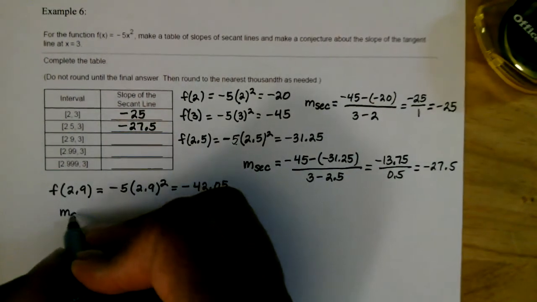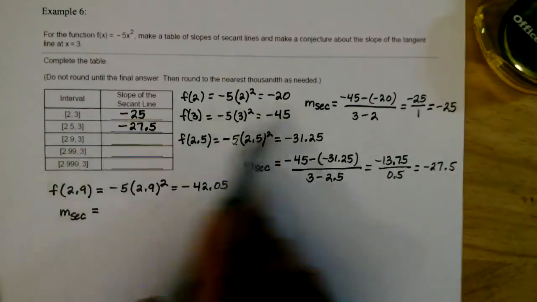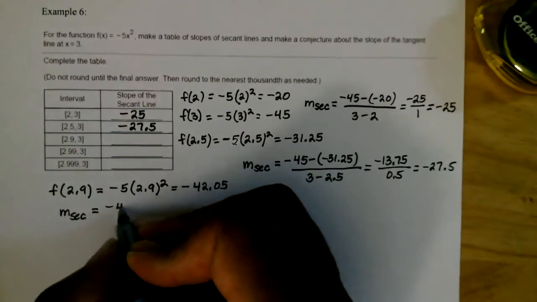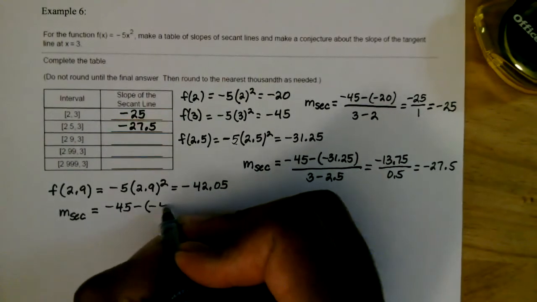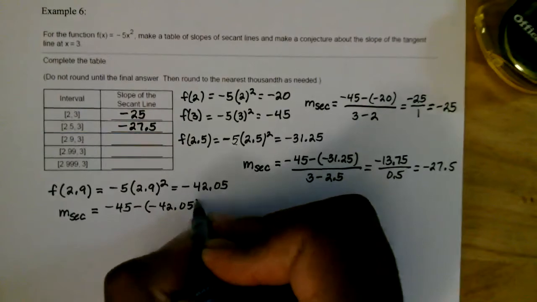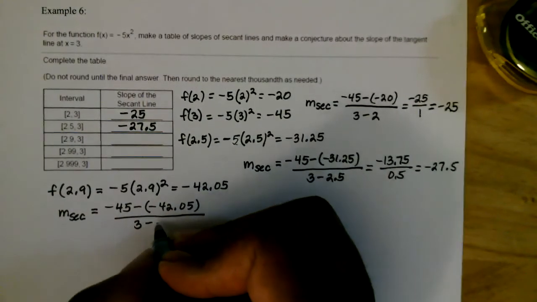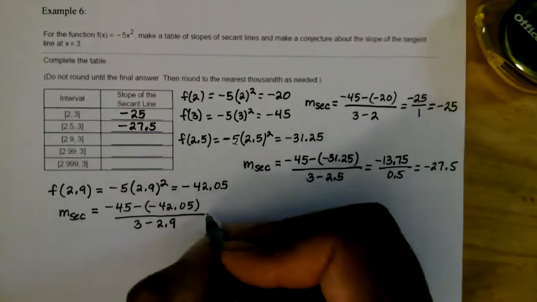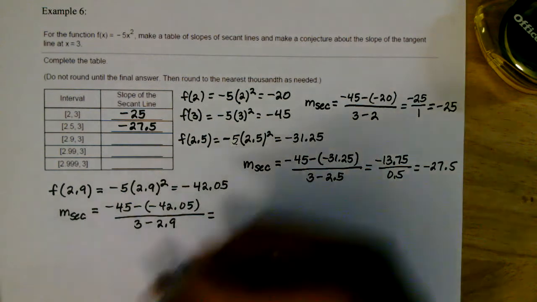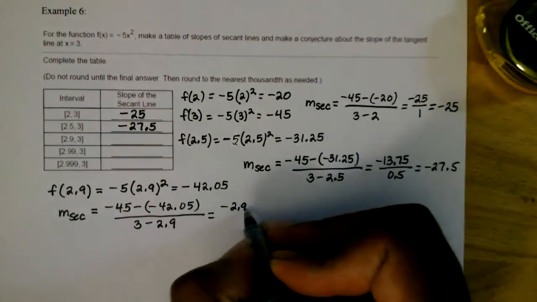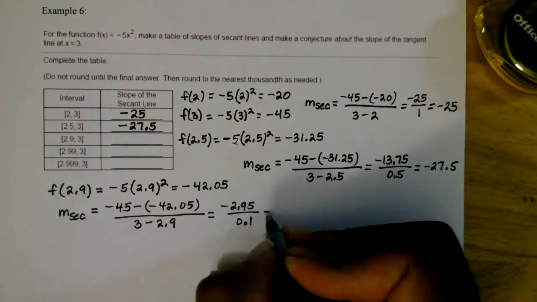And then the slope of the secant line is going to be this, f of 3, which was negative 45, minus f of 2.9, that's negative 42.05. Divide that by 3 minus 2.9, b minus a. Well, negative 45 minus negative 42.05 would end up being negative 2.95, and 3 minus 2.9 would be 0.1.